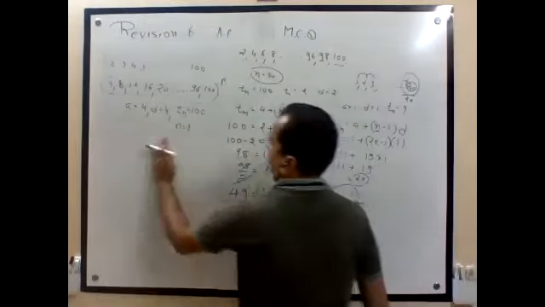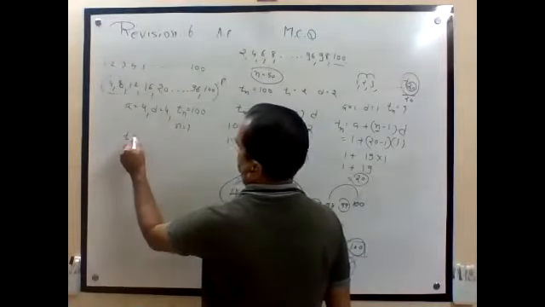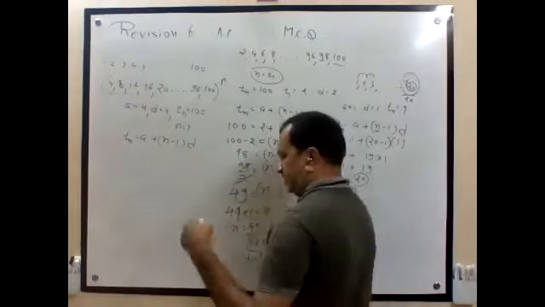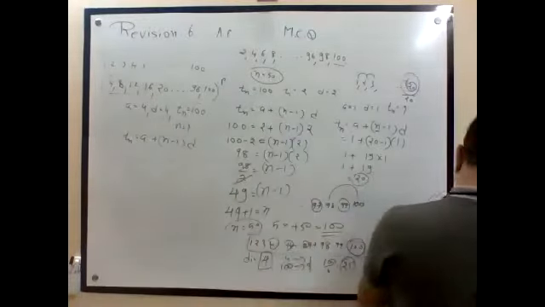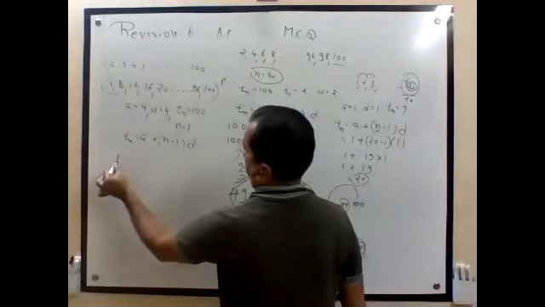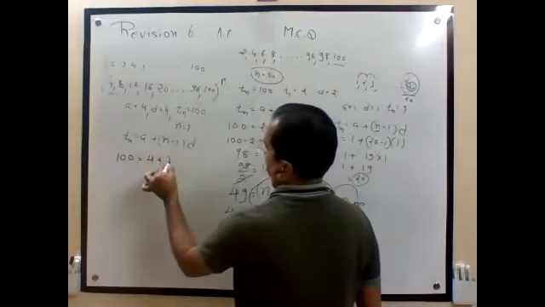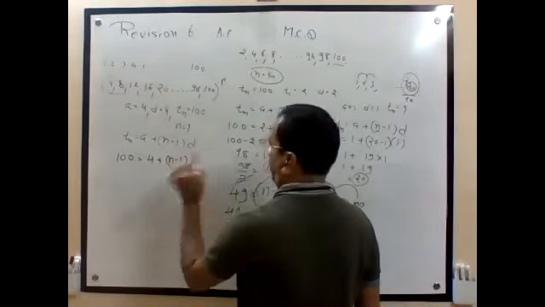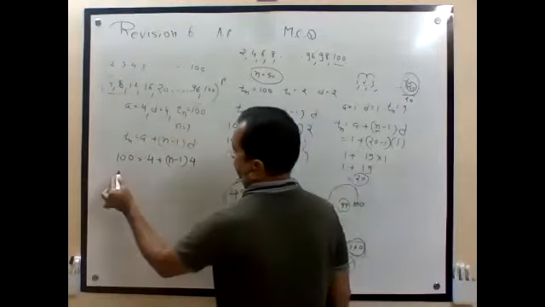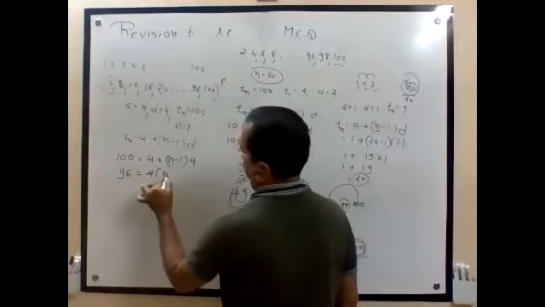So how many? This is by logic that I have given. Now exactly by the Tn formula. So Tn is 100, a is 4, and we want n. Don't open the bracket, this minus, so 96 equals 4 times (n minus 1).